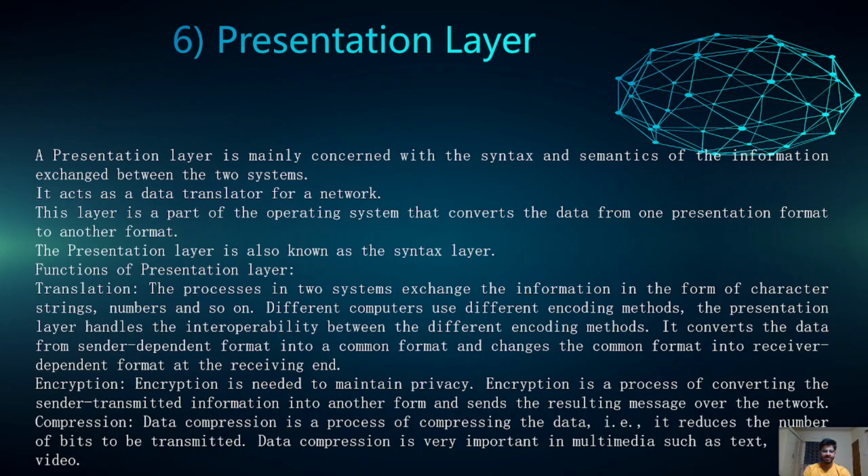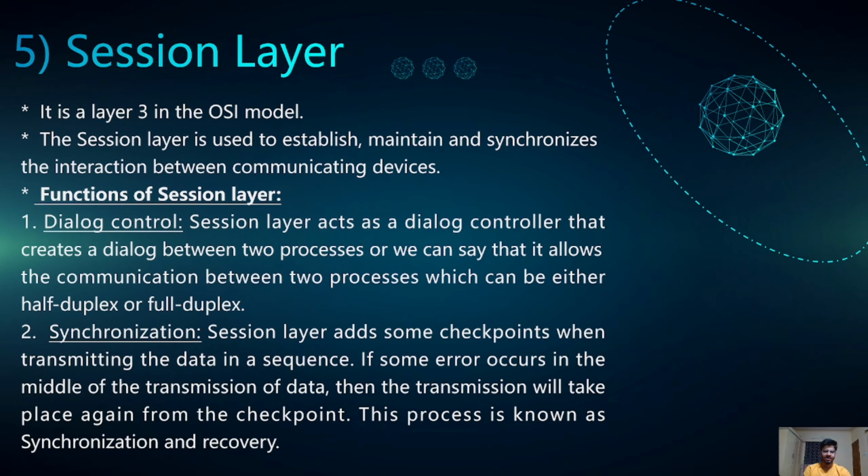Then we have the session layer. The session layer is used to establish, maintain, and synchronize interaction between communicating devices. Its functions include dialog control, where the session layer acts as a dialog controller that allows communication between two processes, which can be either half duplex or full duplex.